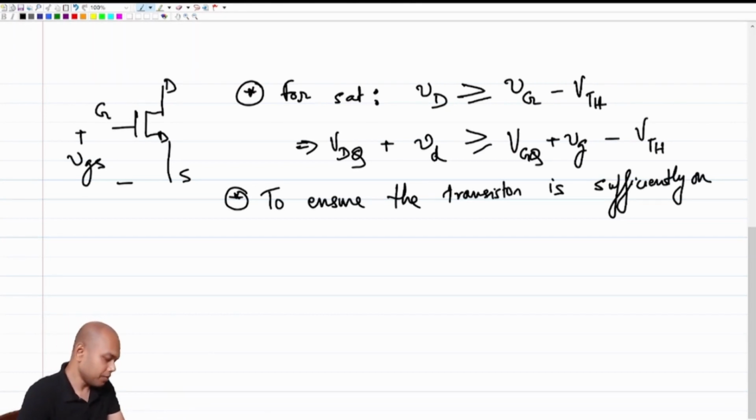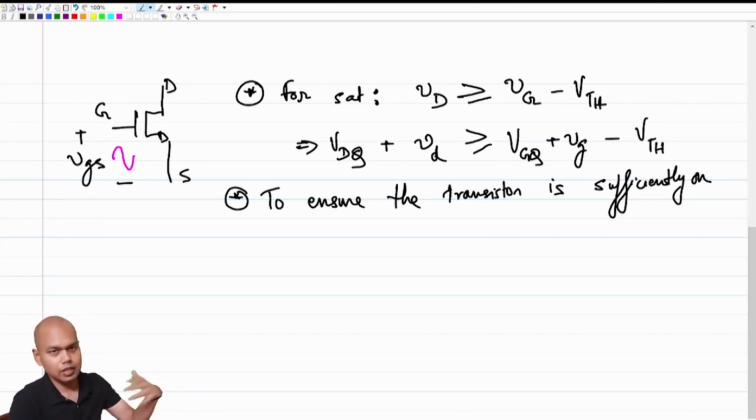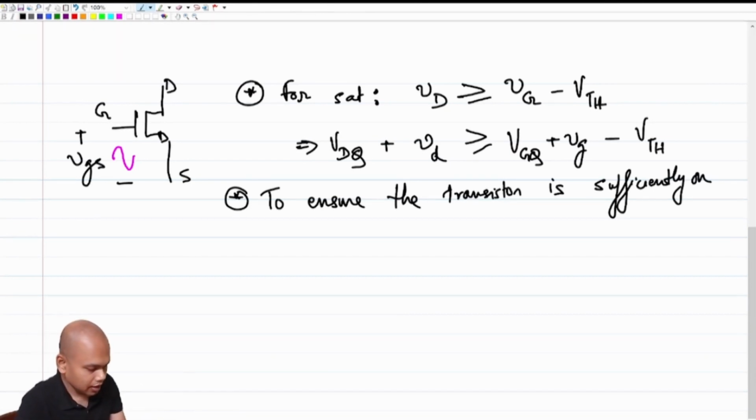We are implying that when VGS swings, it can go up or it can go down. When VGS goes up, I run into a potential problem of the transistor going out of saturation, because I am closing the gap between the gate and the drain voltage, right?